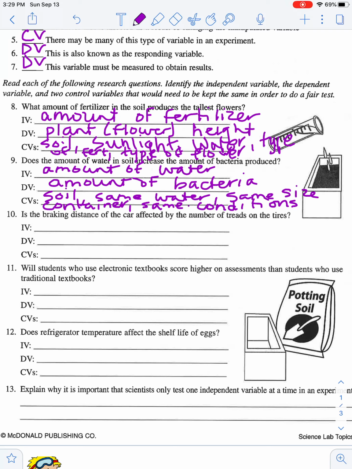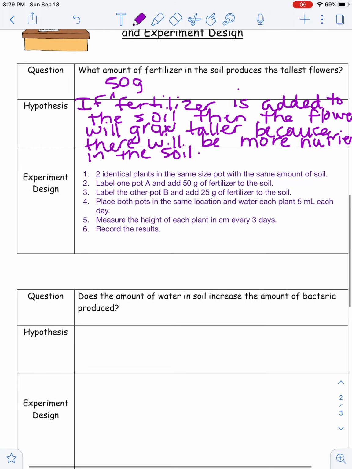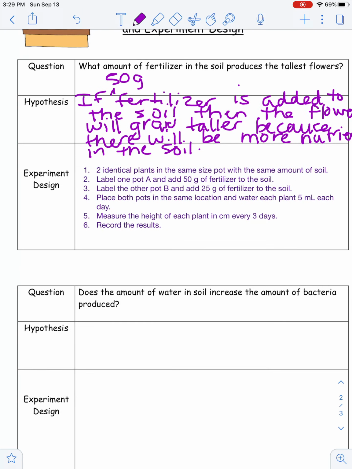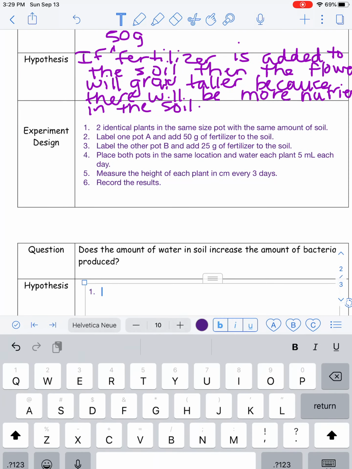Okay, so let's scroll through and see if this is the one that we are designing an experiment for, and it sure is. So I am going to say my hypothesis. I'm going to go ahead and type this again. That seemed to work pretty well.